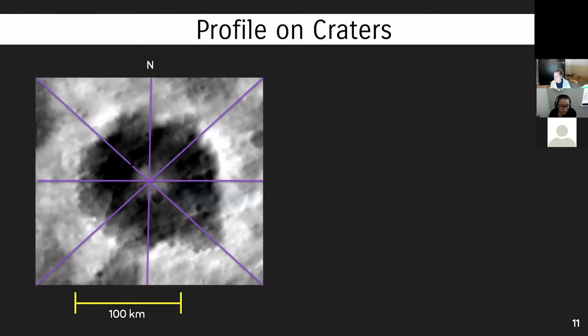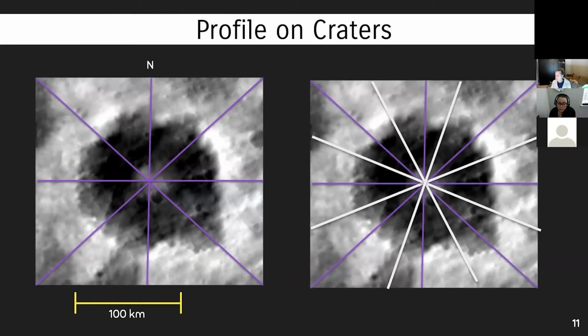For larger, more complex craters like Wakonda, we increased the profiles up to 8, to take into account the complexity of the depression. We also wanted to include the rim and the surrounding terrain, so we extended all the profiles to at least a crater radius.